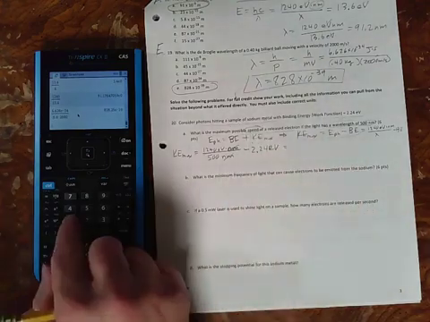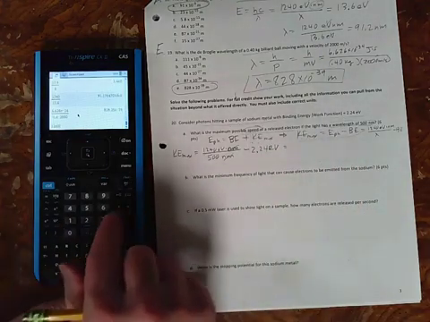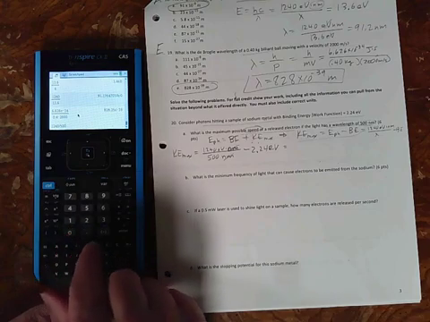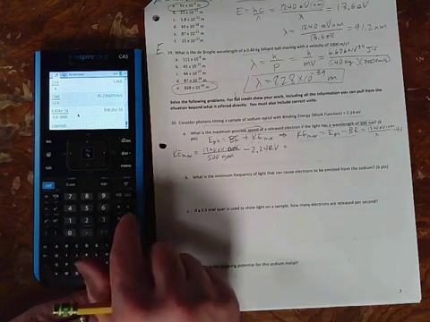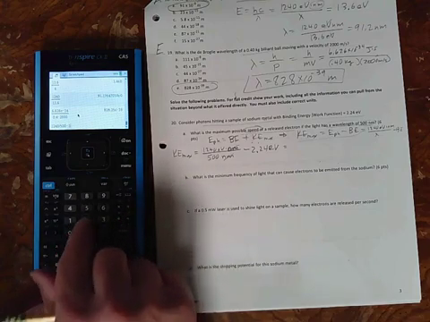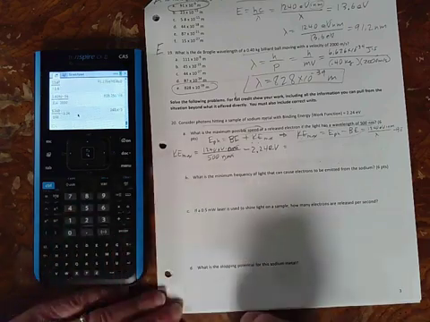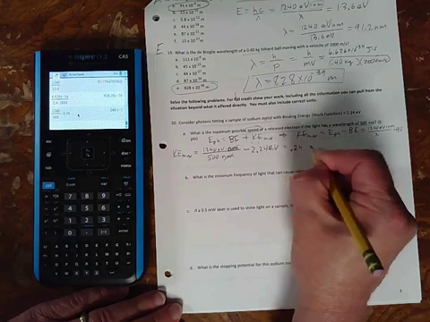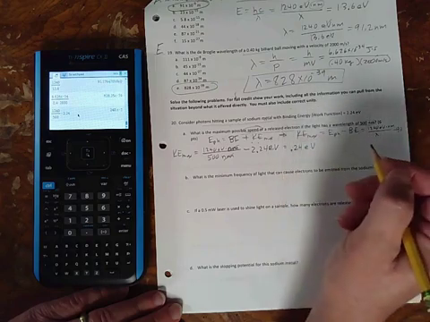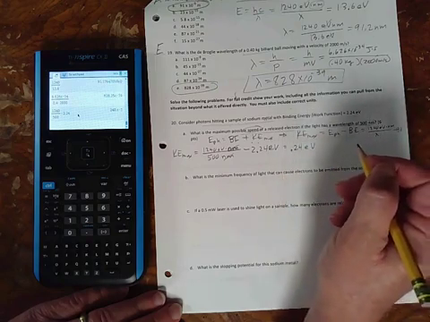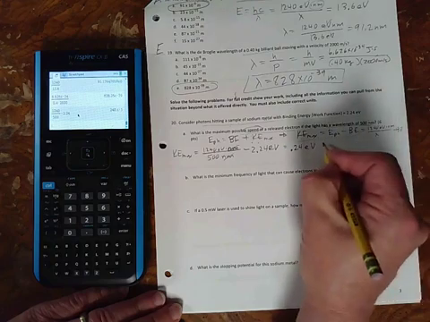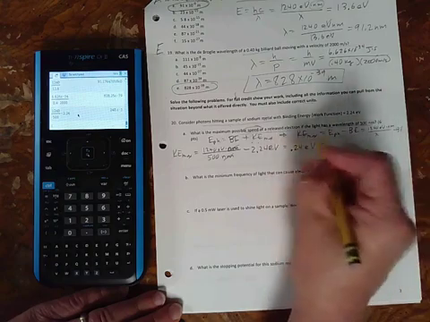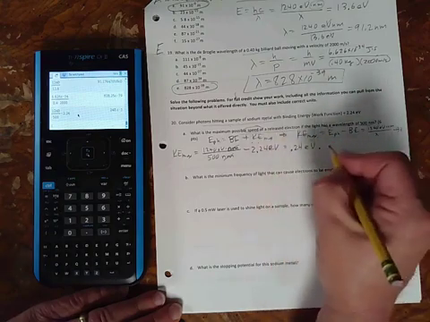So 1240 divided by 500, and then subtract off 2.24, and we get 0.24 eV. That is KE max, but we want it in joules, so we can do 1/2 mv squared and get velocity in meters per second, all standard kind of stuff.